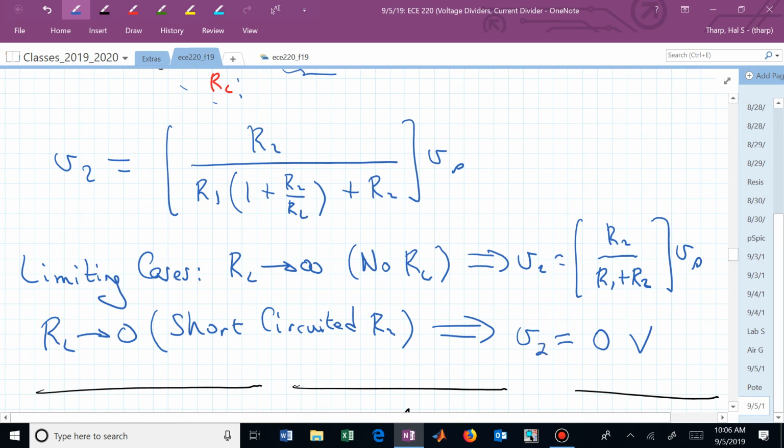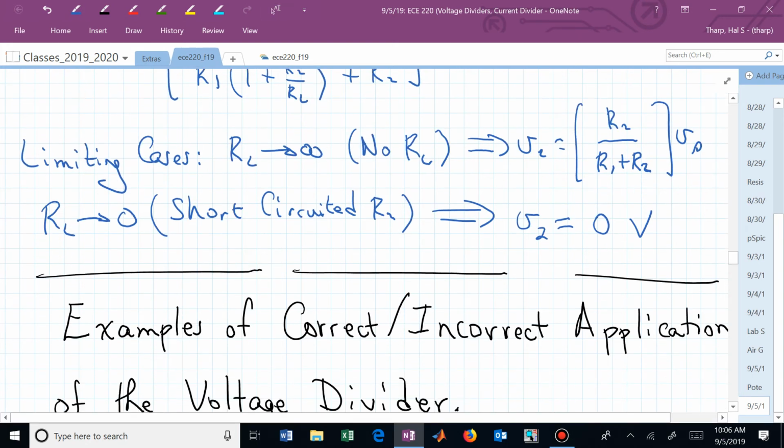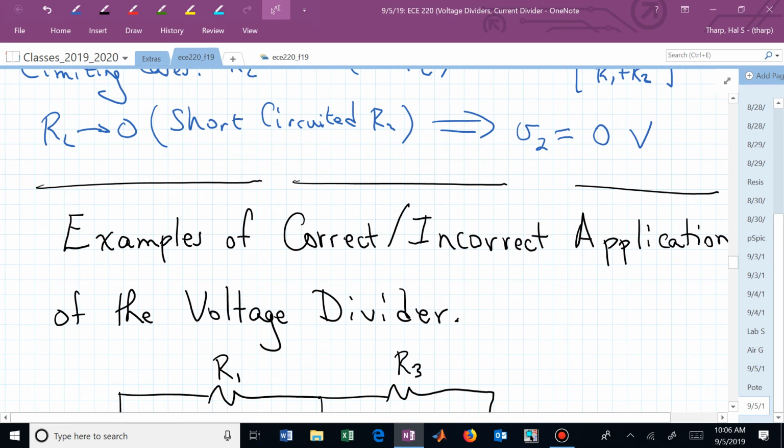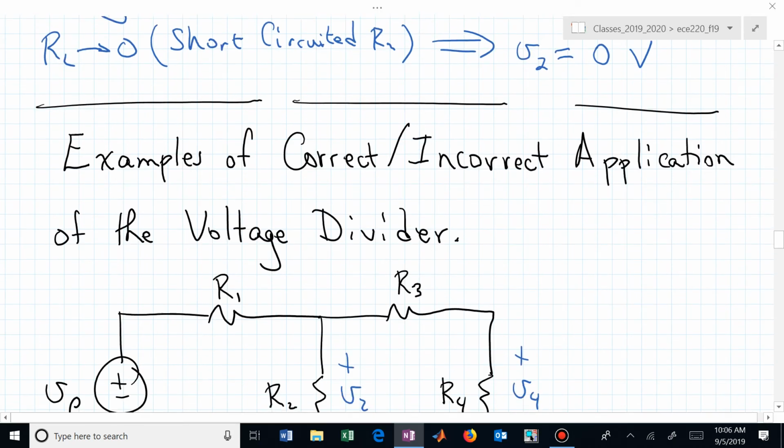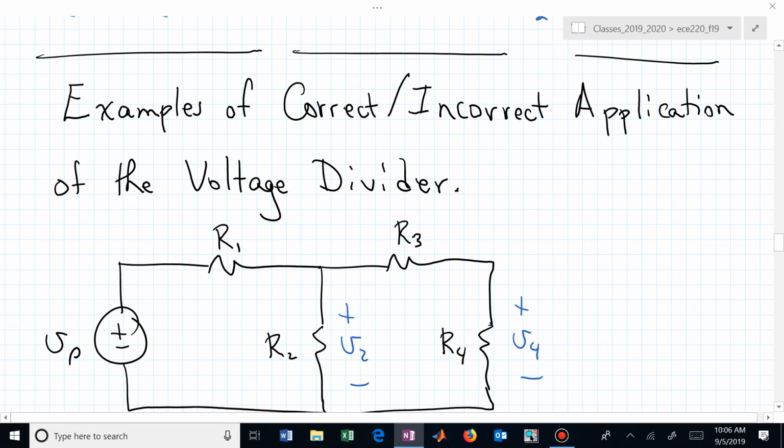And those are checks on the behavior of that loaded classical voltage divider circuit, where you're now varying the load R sub L from 0, a short, all the way up to nothing where it's disconnected.